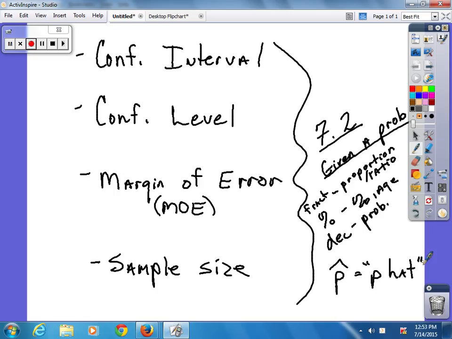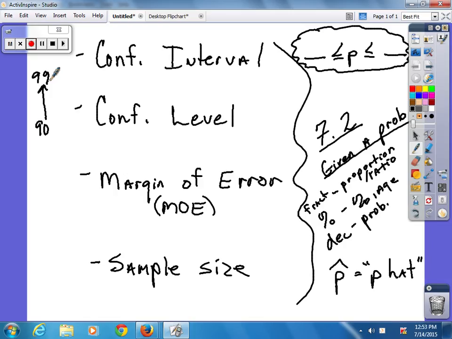What is a confidence interval? A confidence interval is where p is. P is between this number and this number. That is a confidence interval. The confidence level is going to be 90 to 99%.